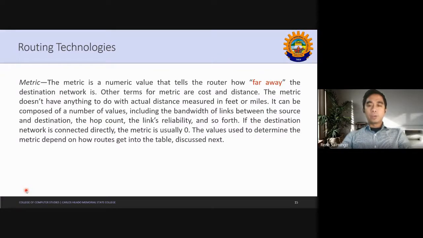And usually, if the destination network is directly connected, the metric is usually zero. The values used to determine the metric depend on how the routes get onto the table.